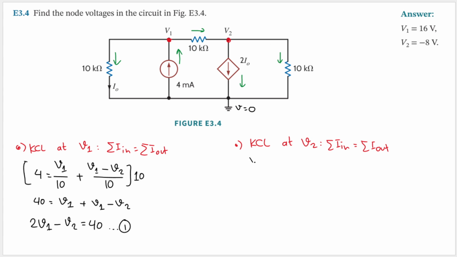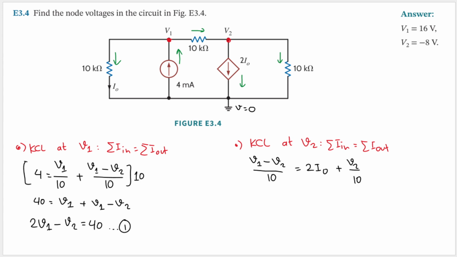So we will have V1 minus V2 divided by 10, and that will equal 2I0 here. So we'll have 2I0, and then we will have plus V2 minus 0, which is V2, divided by 10.